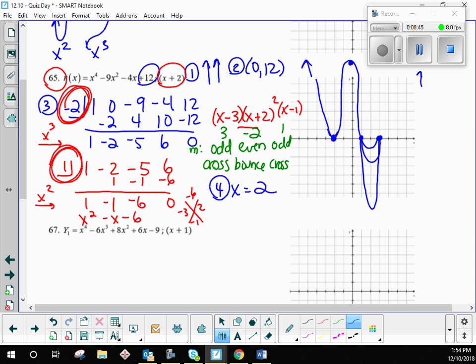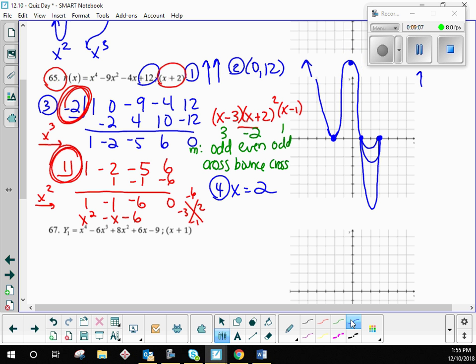And how do I find the y value for that point? You plug it in. But I'm going to show you something else that we cut out of the unit, and this is very helpful. You don't have to remember this, but I just want to show it to you. Using synthetic division, so when I plug in 2 for x and find y, that's called evaluating the function.